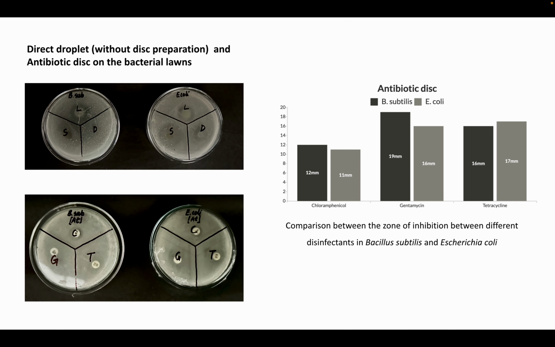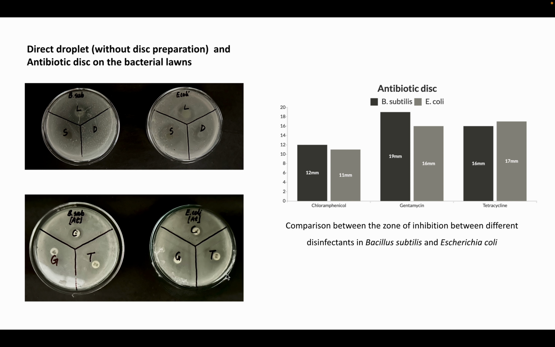And also we have done the antibiotic test on bacterial lawn, and we have got different readings, and we have compared the zone of inhibitions between different disinfectants in both the gram positive and gram negative bacteria, that is Bacillus subtilis and Escherichia coli respectively.